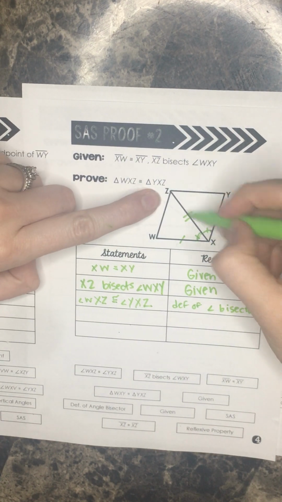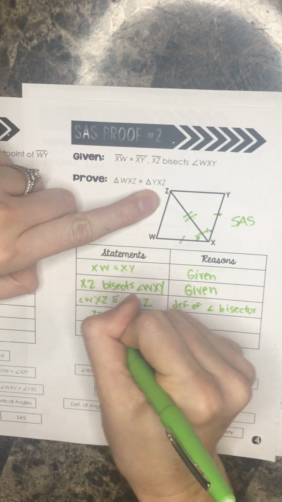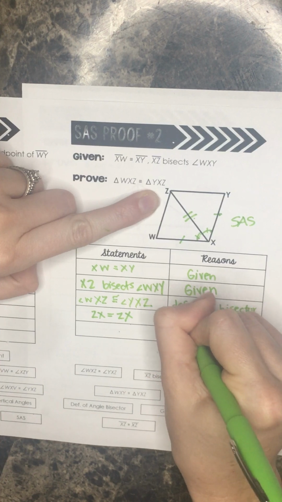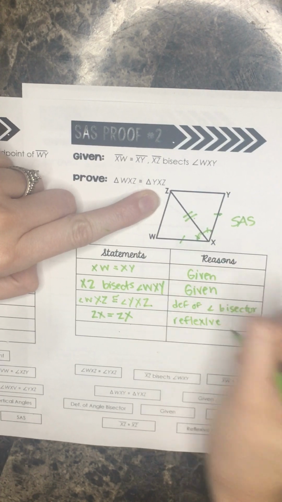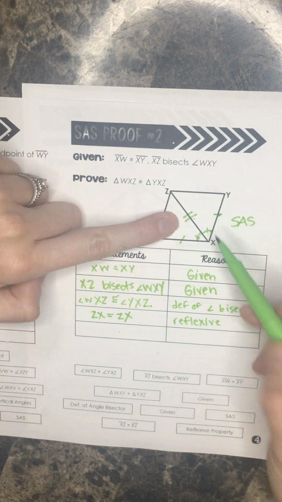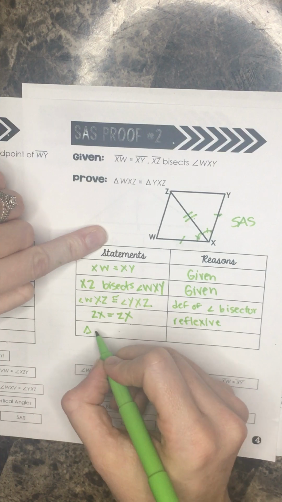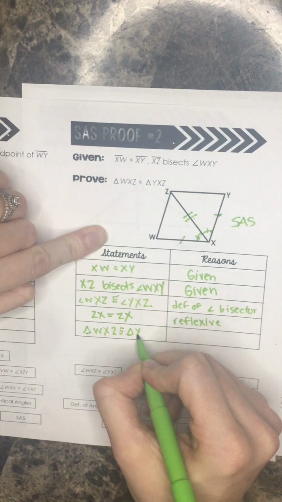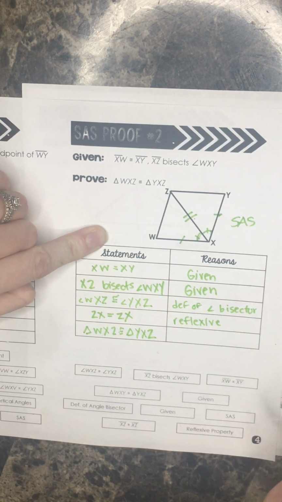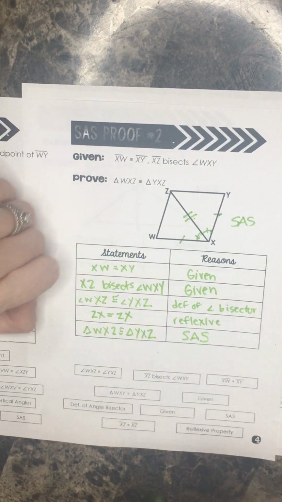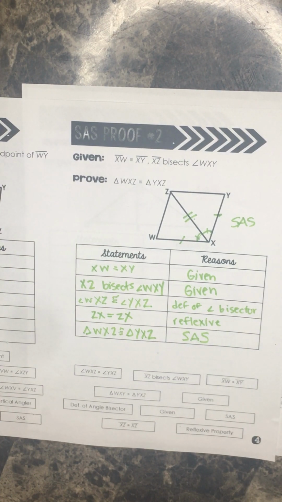We mark ZX congruent to ZX, reflexive. And then since we have a side, an angle, and a side, that was enough to say triangle WXZ is congruent to triangle YXZ because of side, angle, side. So you're breaking down your diagram and then writing out the steps that help you prove it.